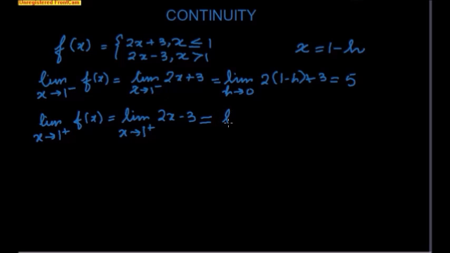Now because it is more than 1, we take x to be 1 plus h. So limit h tending to 0 of 2 times (1 plus h) minus 3. You put h equal to 0 and you get your answer to be minus 1.